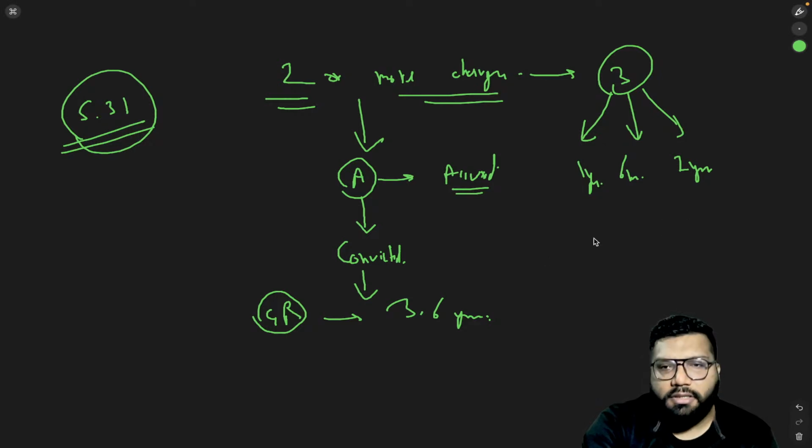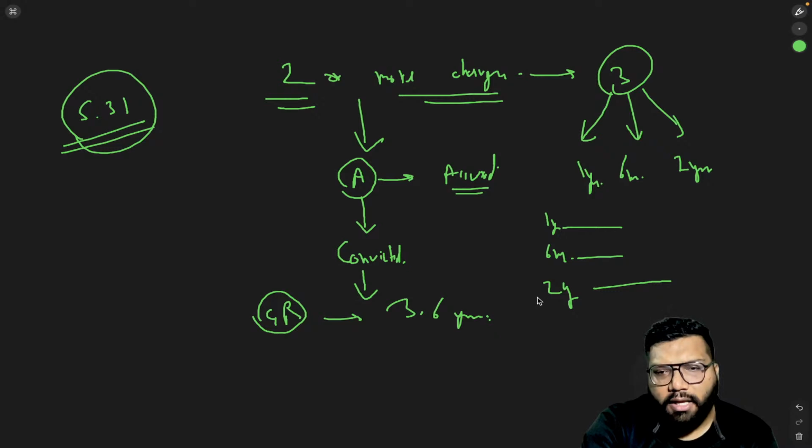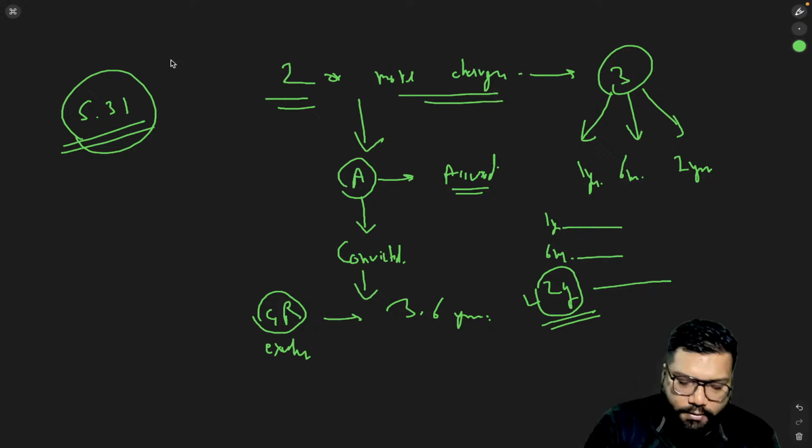Concurrently means the day he enters the jail, his 1 year will start from that date, 6 months concurrently, and 2 years as well. So, in short, in the case of concurrent sentences, he will spend only 2 years in jail. That is going to be in exceptional circumstances. I hope it's clear.